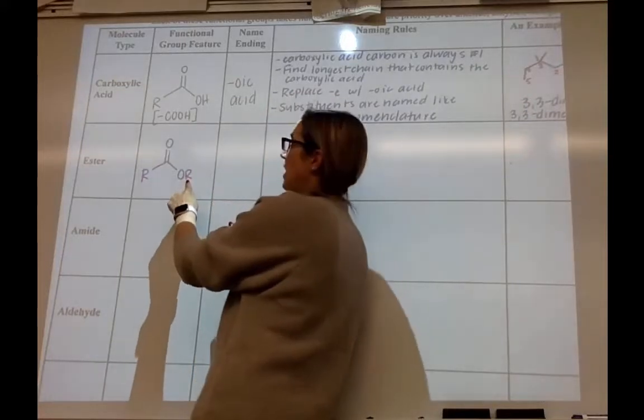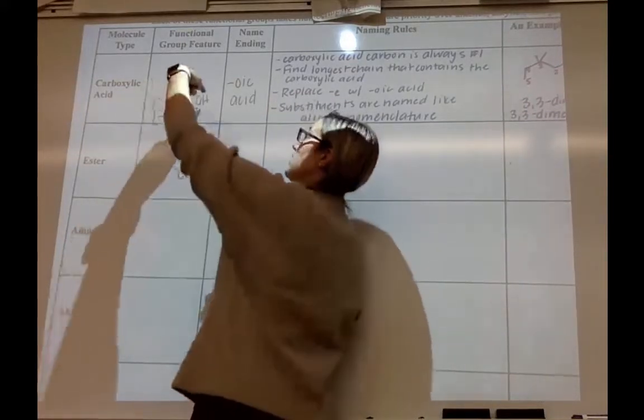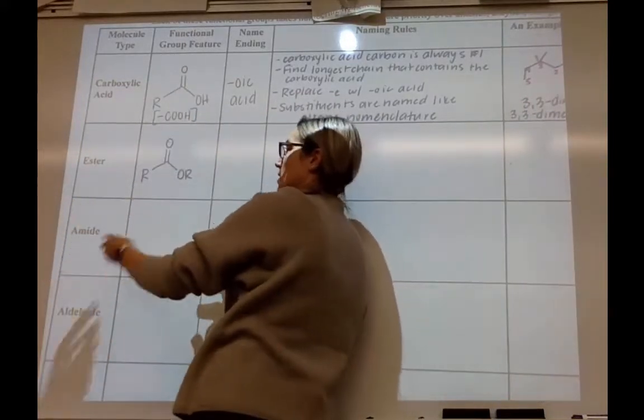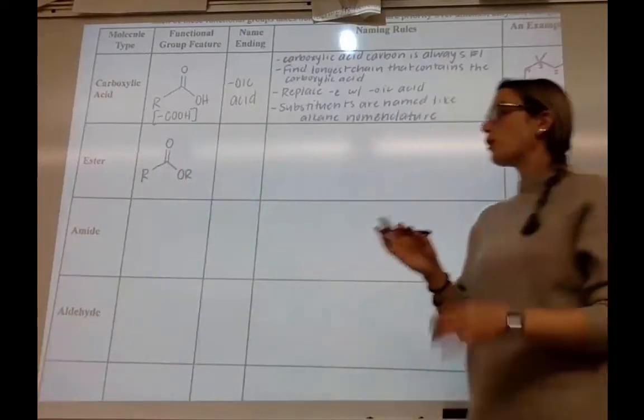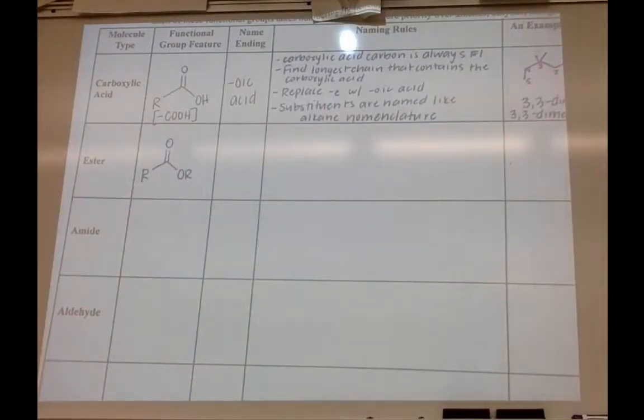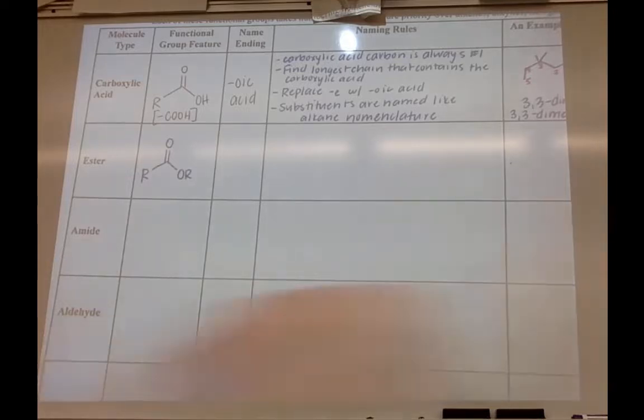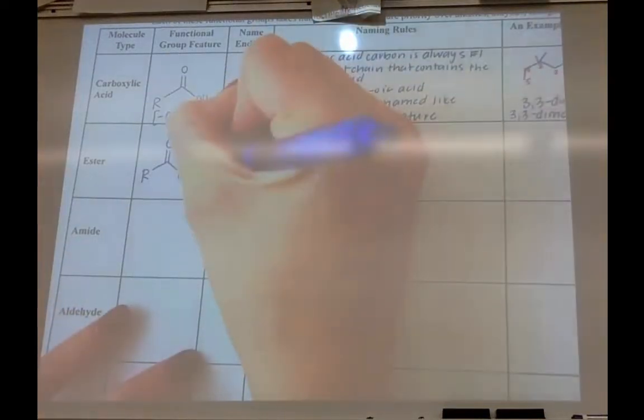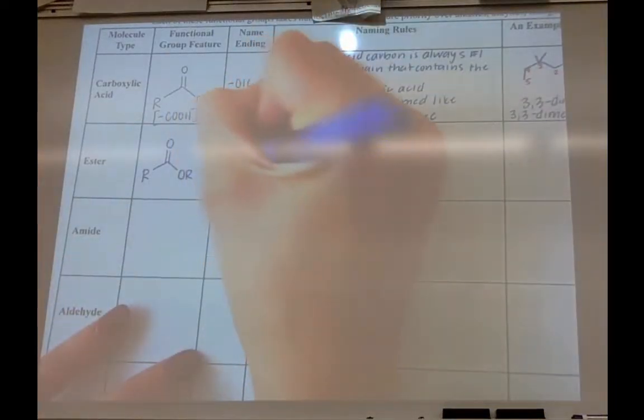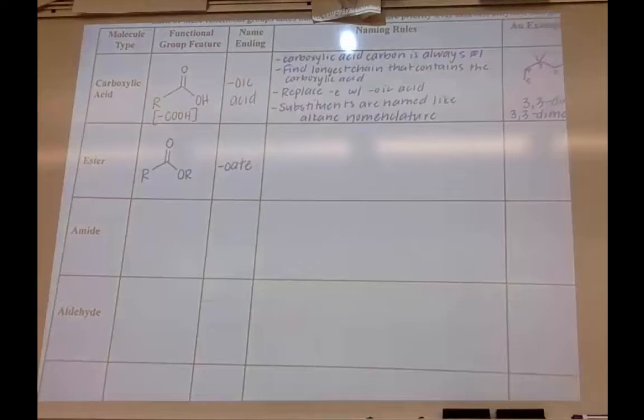This cannot be an H though, because if this is an H, it becomes a carboxylic acid. So you have 2 carbon groups off of the carbonyl carbon and off of that single bonded oxygen. The ending for an ester is oate. O-A-T-E. Oate.